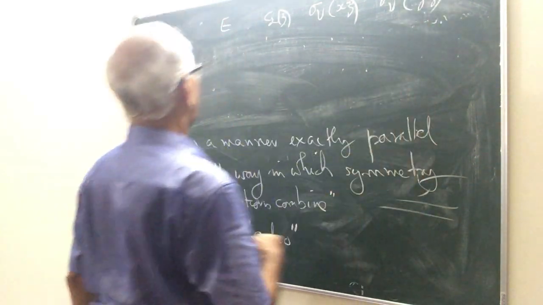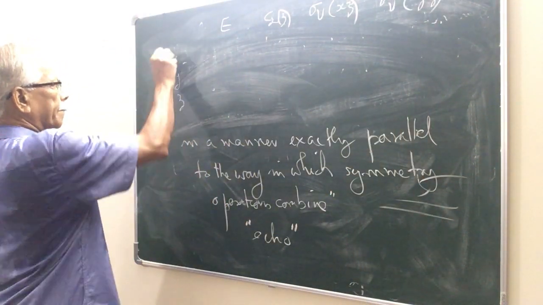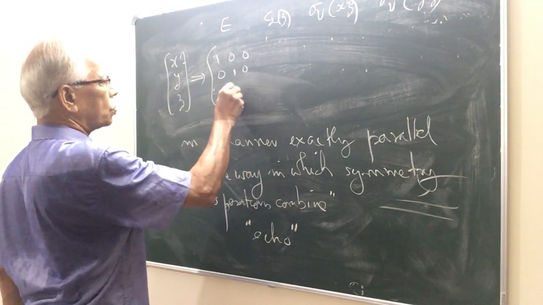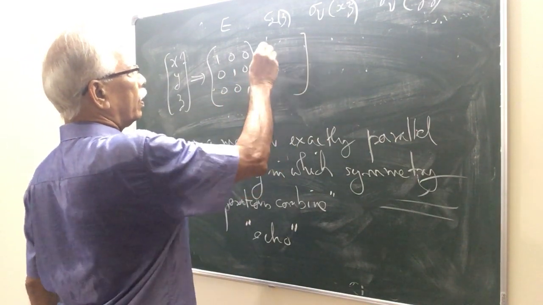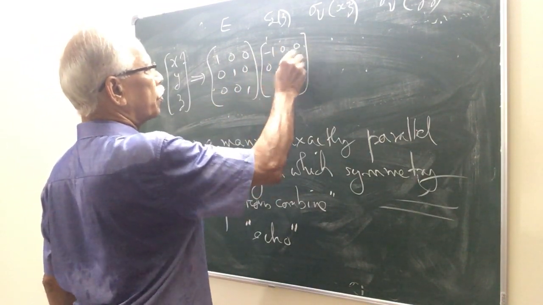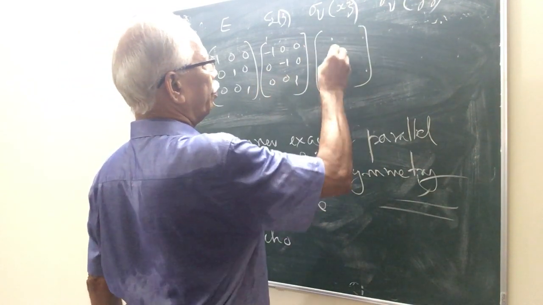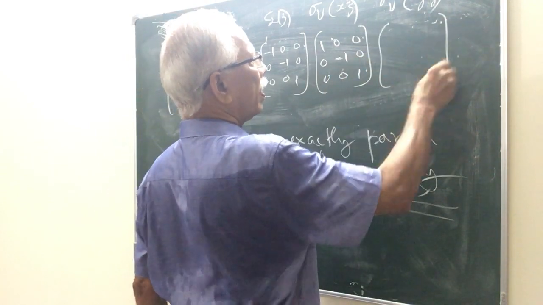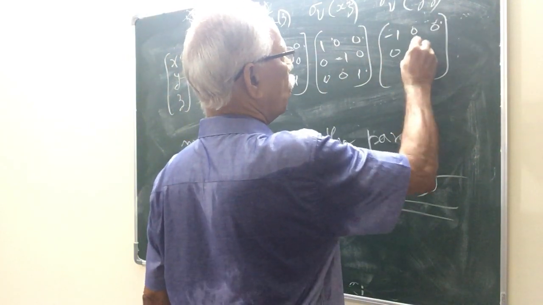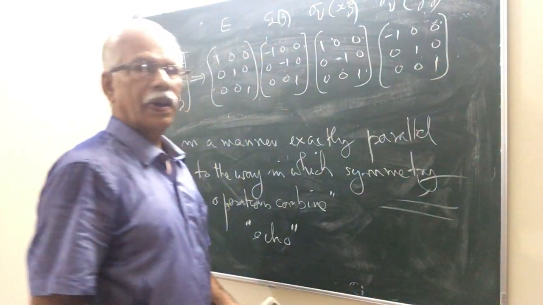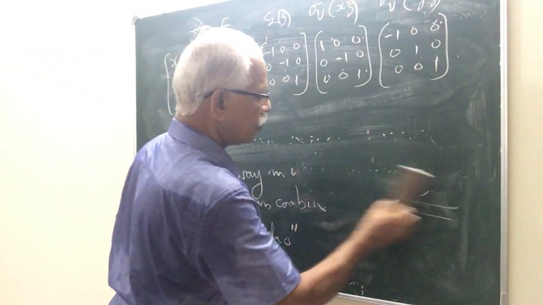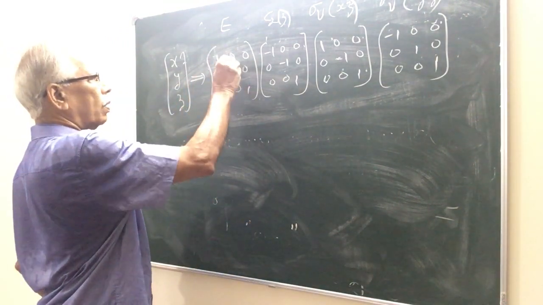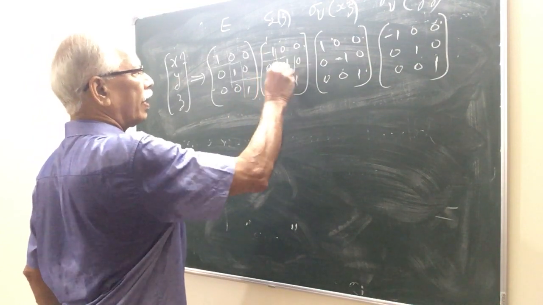I have to write this again: 1 0 0, 0 1 0, 0 0 1; minus 1 0 0, 0 minus 1 0, 0 0 1; 1 0 0, 0 minus 1 0, 0 0 1; and minus 1 0 0, 0 1 0, 0 0 1. They are similarly block factored. The non-zero elements are present along diagonal blocks like this.